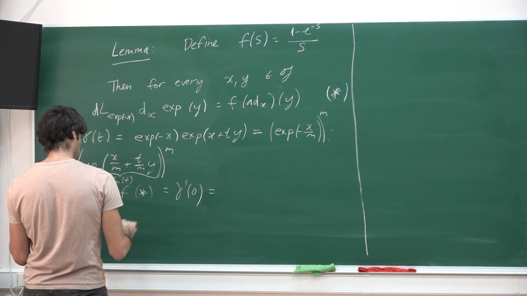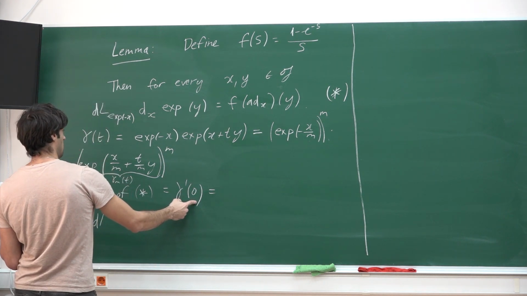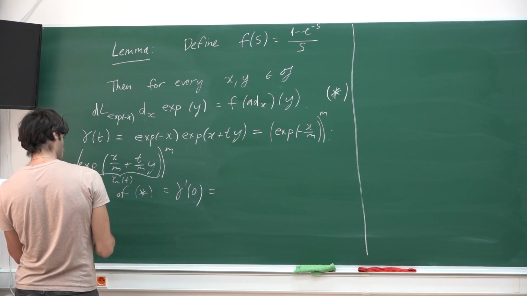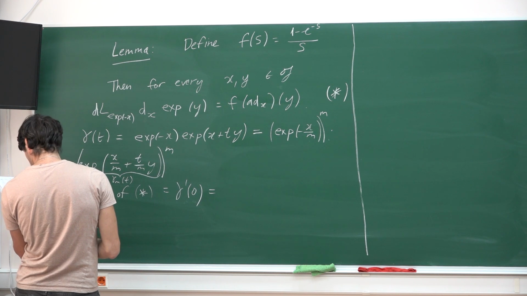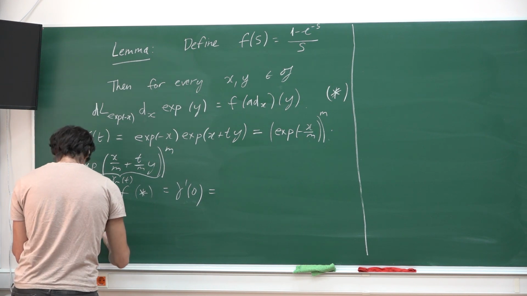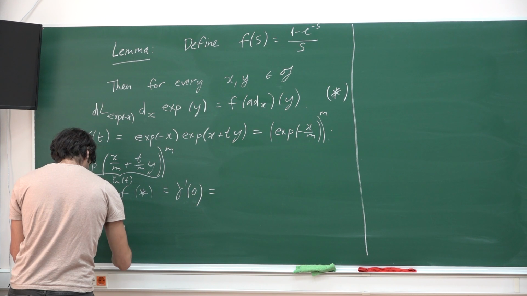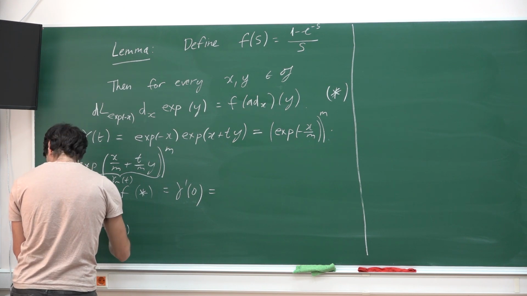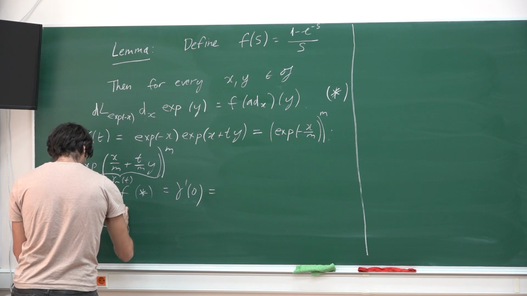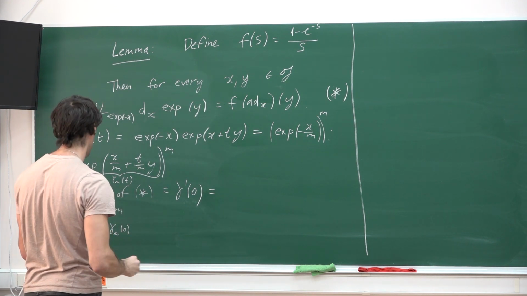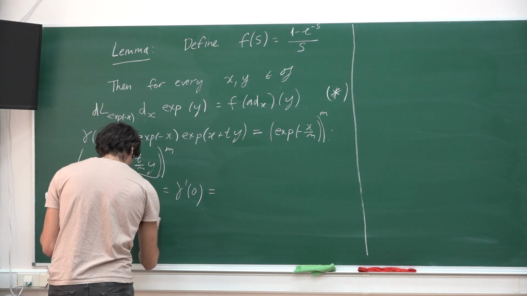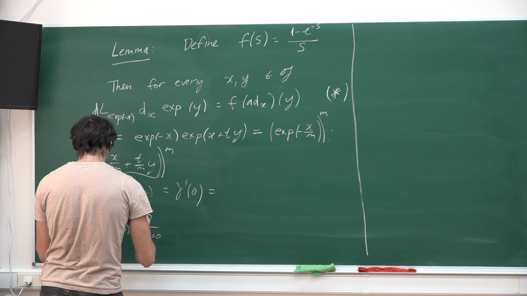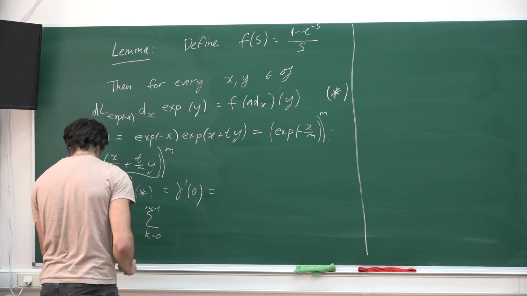So I claim that if I take the tangent vector to this thing, it will be computed as follows: dl of gamma m of 0 to the power negative m, then the sum over k from 0 to m minus 1.